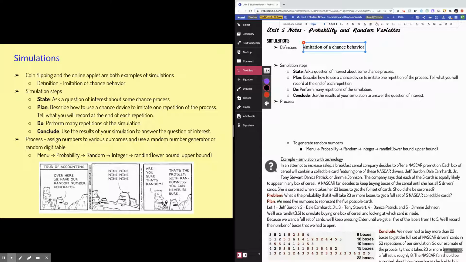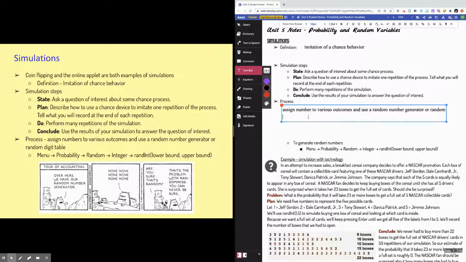I have these steps here that you can use, but really your general process whenever you are asked to run a simulation is to assign numbers to the different possible outcomes, and use a random number generator or random digit table to figure out how likely a certain outcome is just due to random chance.